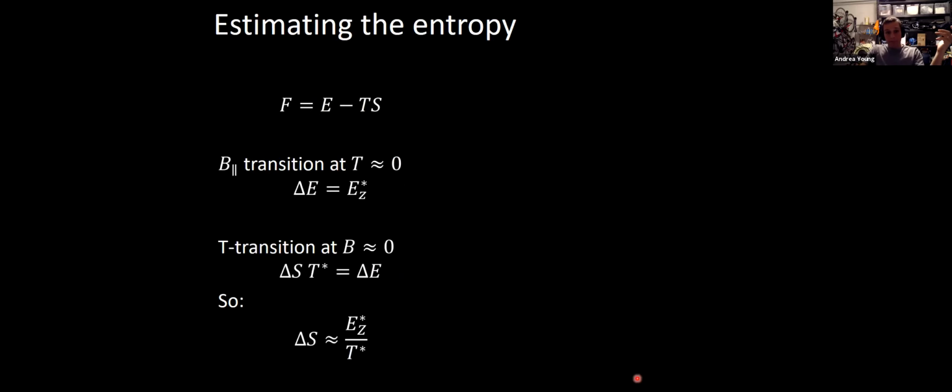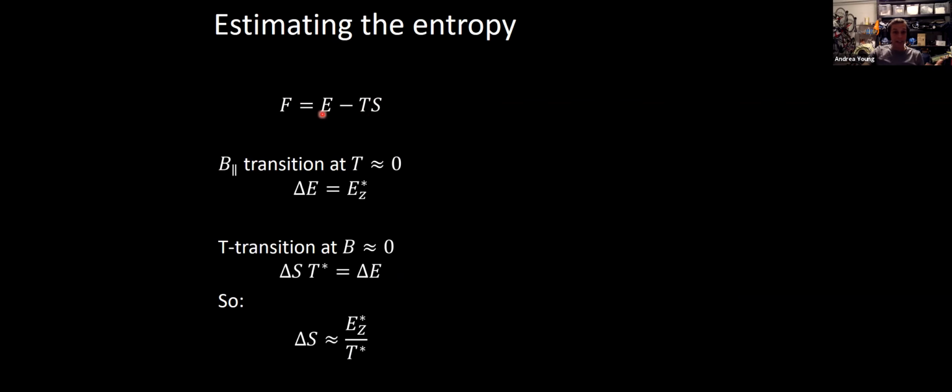Okay, something that we realized in thinking about this is that, let's say we take this picture seriously and say this is a first order phase transition, and there are two ways to actuate it. One is to change the temperature, which entropically favors this disordered ferromagnetic phase at zero magnetic field.